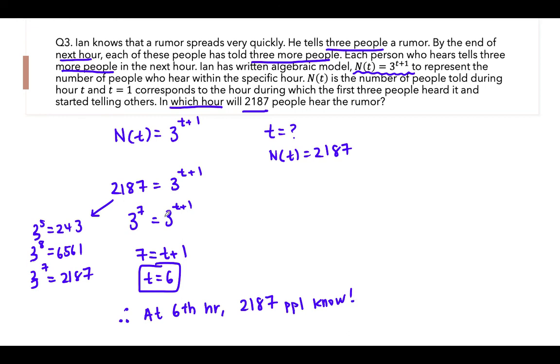Now, but let's say here's a scenario. What if we know that 2187 could not be changed into a base of 3? So if that's the case, then, as always, you're going to attach a logarithm. So let's attach log.